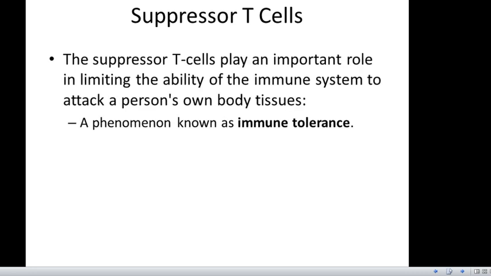The suppressor T cells play an important role in limiting the ability of the immune system to attack a person's own body tissues. This phenomenon is known as immune tolerance. We studied this phenomenon when we were studying the pre-processing of the lymphocytes in the thymus.